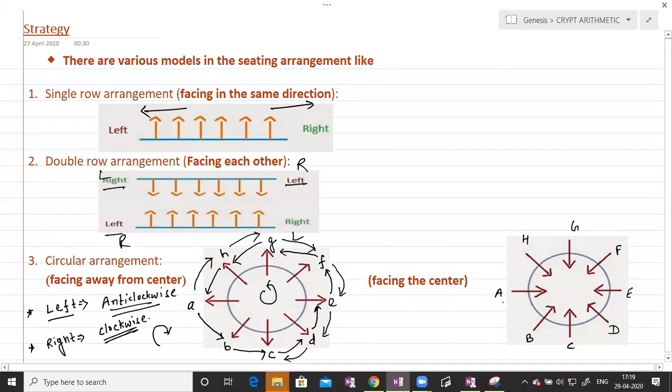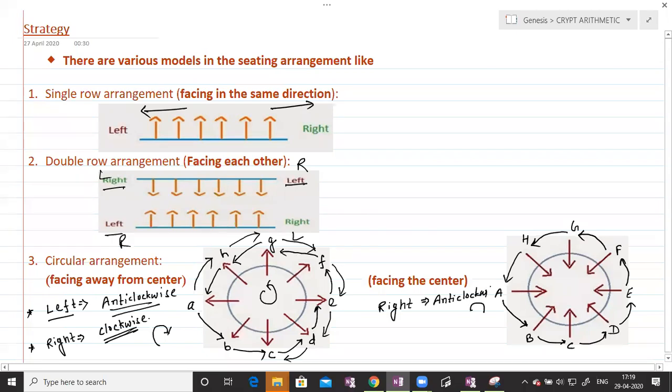B is right of A, C is right of B, D is right of C, E is right of D, F is right of E, G is right of F, H is right of G, and A is right of H. So just opposite. Right means anti-clockwise here.